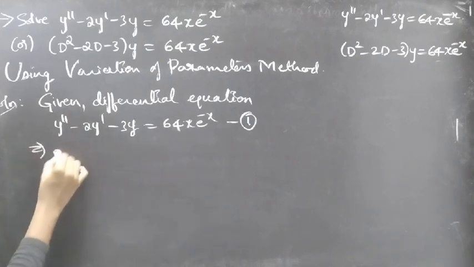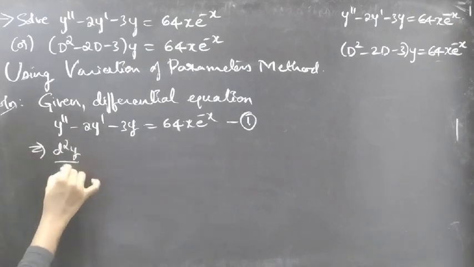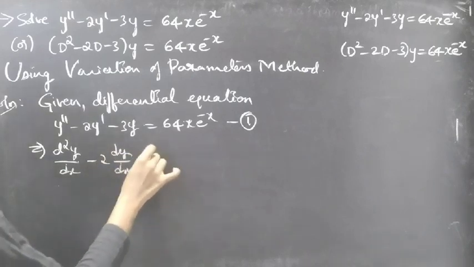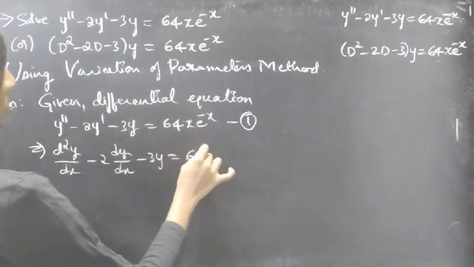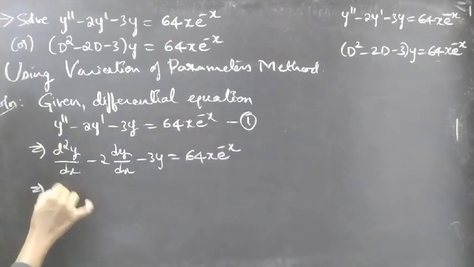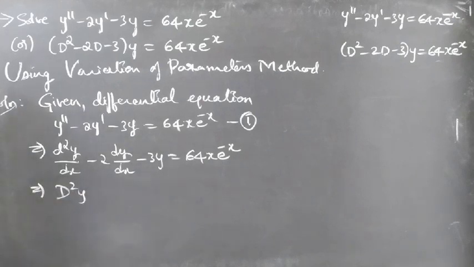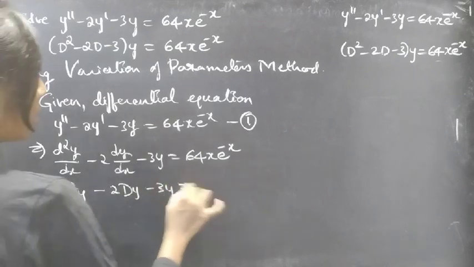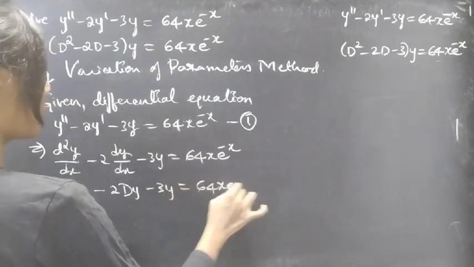We can write y double dash as d square y by dx square, minus 2 into y dash as dy by dx, minus 3y equal to 64x e power minus x. We can write d square y by dx square as capital D square y, where D is a differential operator, right? Minus 2 into dy by dx as capital Dy, minus 3y equal to 64x e power minus x.